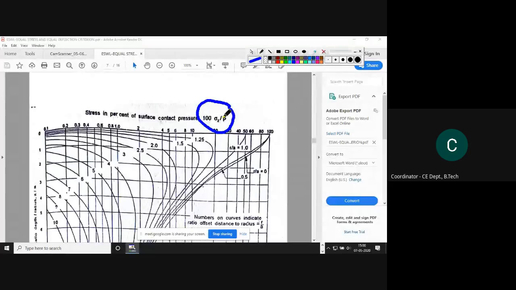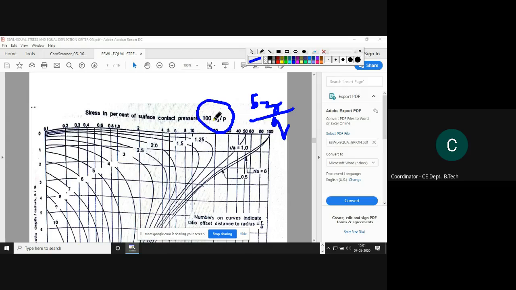In some of the charts, instead of small q, they will give you small p. That means this is stress only. In my previous lecture, it was sigma z by q. But here it is sigma z by p. Both are same, either p or q. That means both are stress only. That is tire pressure.